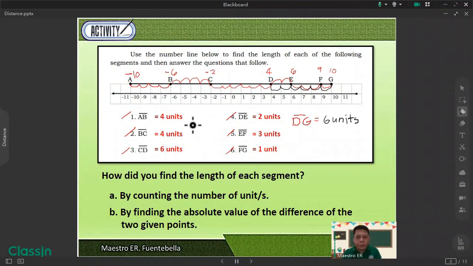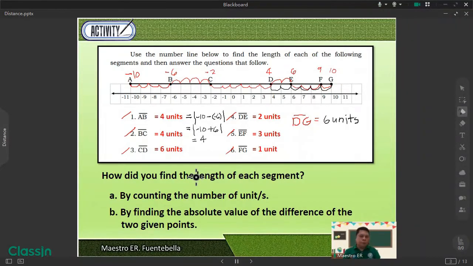To solve for AB, it is equal to the absolute value of -10 minus -6. So that -6 becomes positive, equals the absolute value of negative 10 plus 6, which equals positive 4. Remember that in absolute value, the simplified form is always positive.